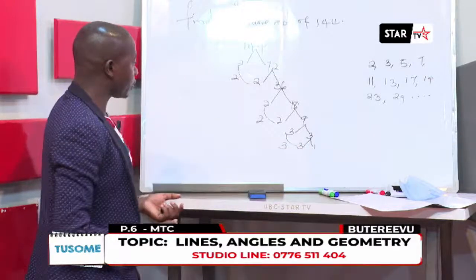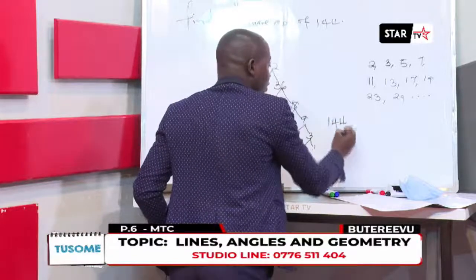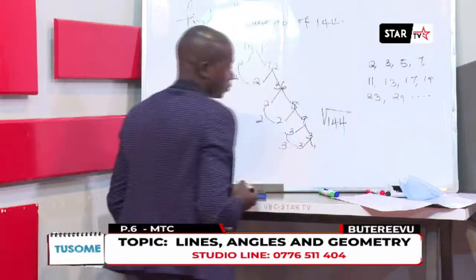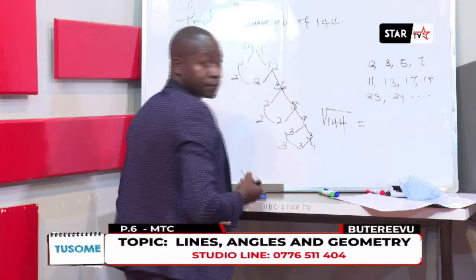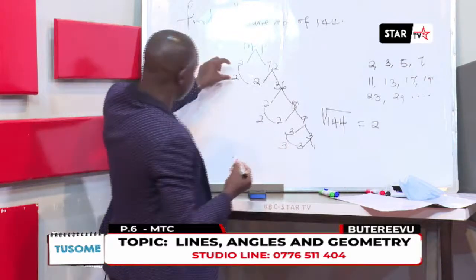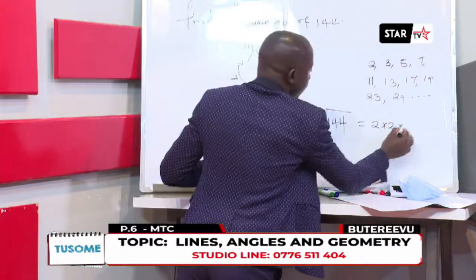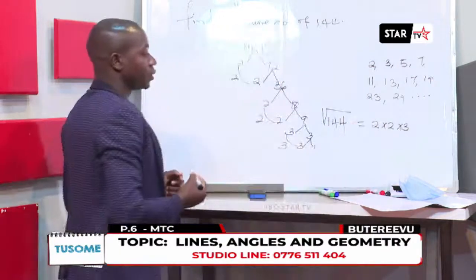Now, how do we get the square root? The square root of 144, you write it as under root, is equal to a product of the 2 that you have chosen and another 2 that you have chosen, and another 3 that you have chosen.